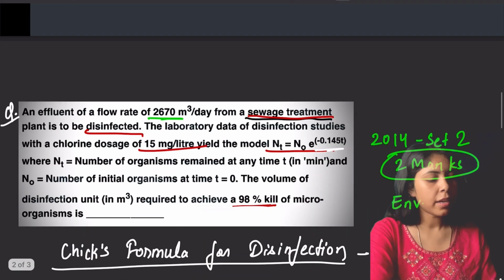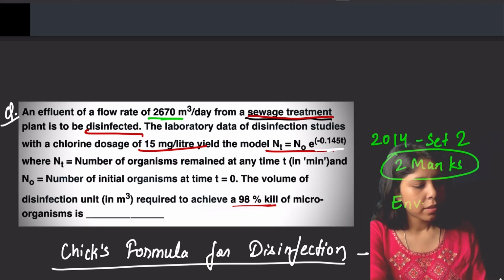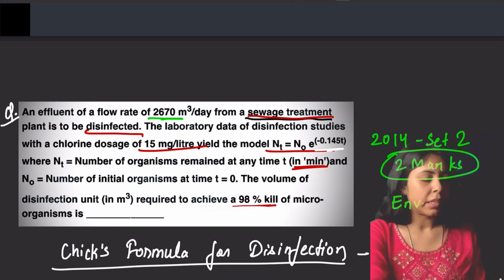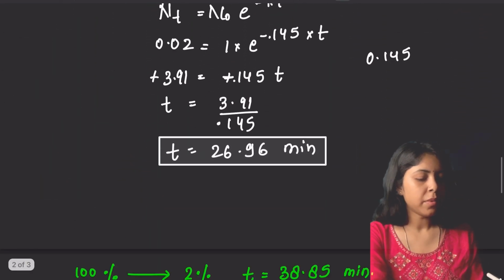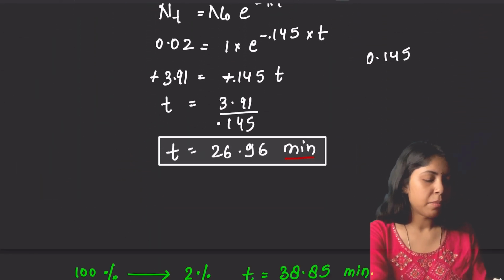This data is given in which time is in minute, right? So the time which came here is in minute.